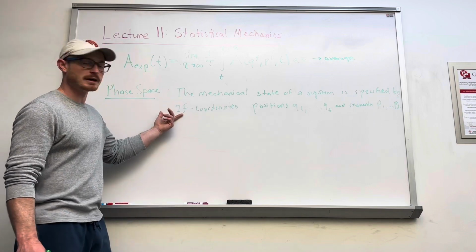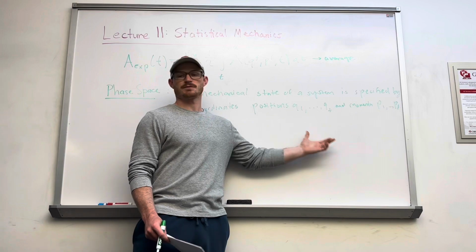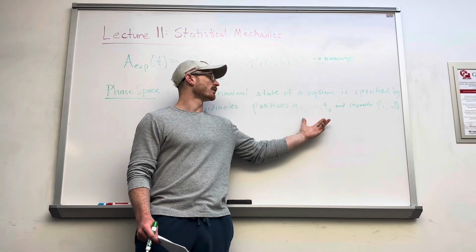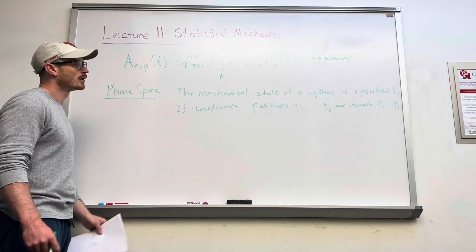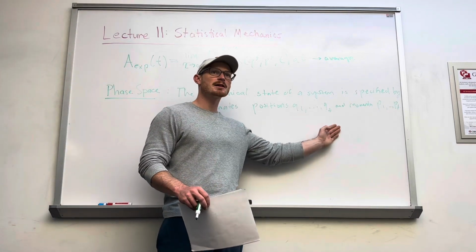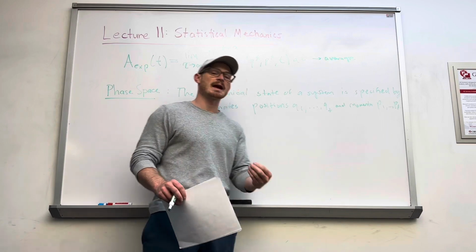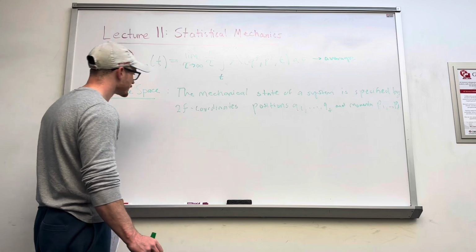So depending on how many particles you have, we call that f, you have different numbers of possible variables that describe the mechanical state. Now what we'll say is that the space spanned by these variables is called a phase space. Now what do I mean by spanned by these variables?